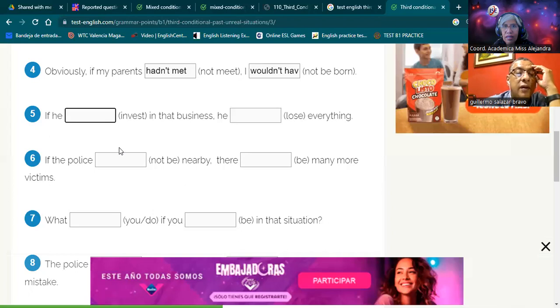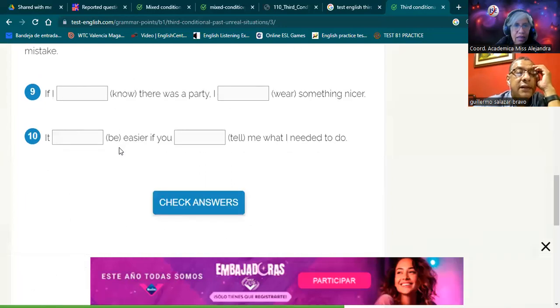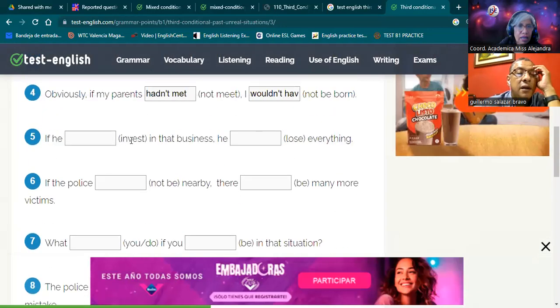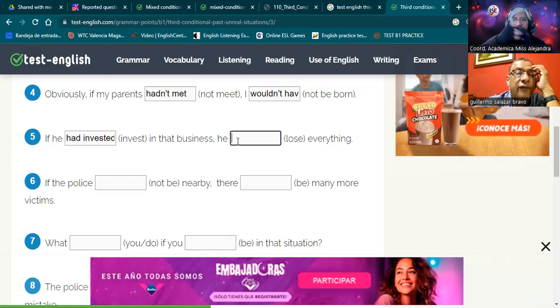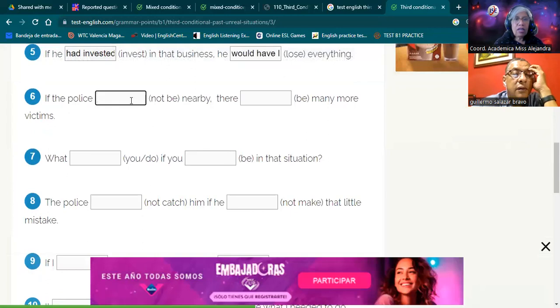If he had invested in that business, he would have lost everything. If the police not nearby, there are many more victims.